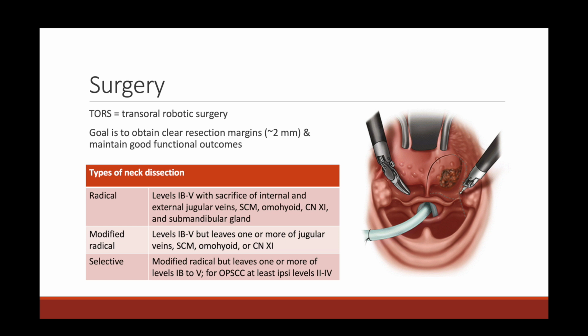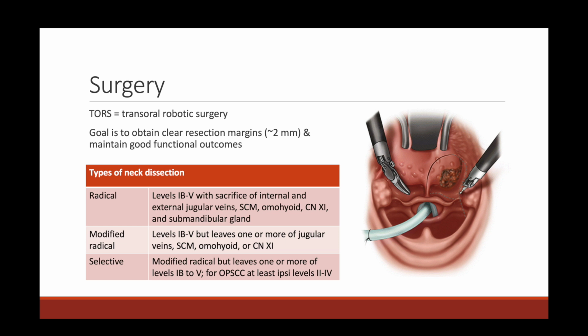And that is why it's so important to see these patients in a multidisciplinary setting, have a multidisciplinary tumor board, so you can hear the input from the surgeon as well, and together make a decision as the cancer team.